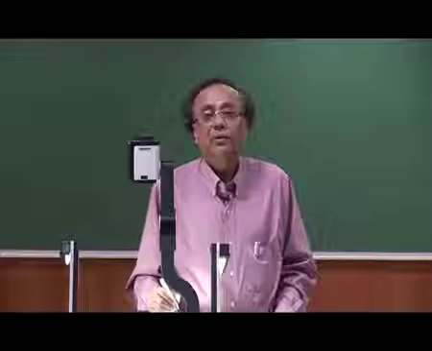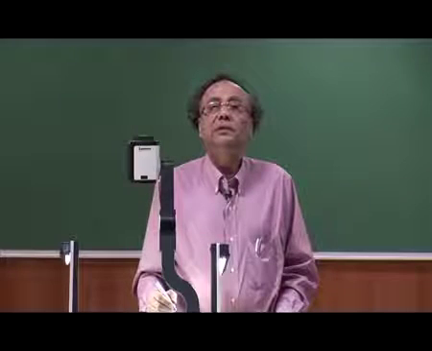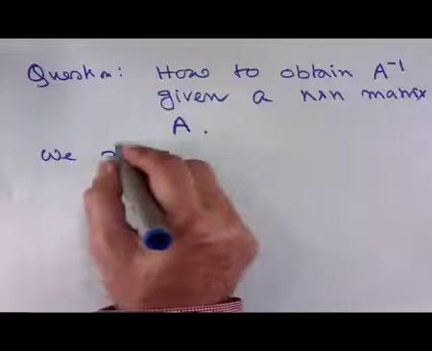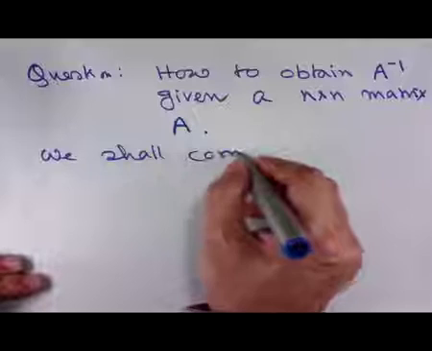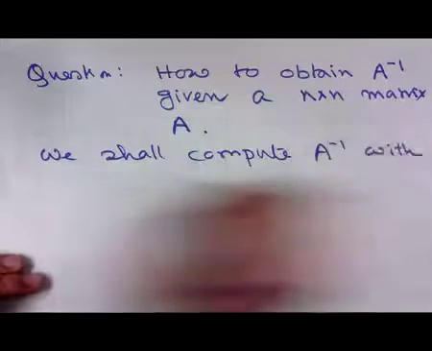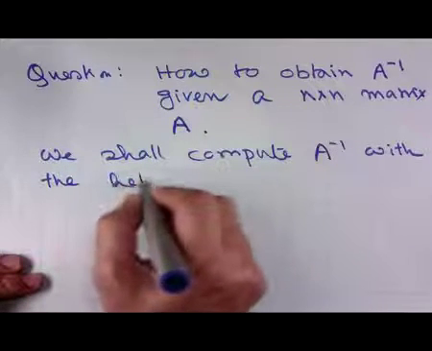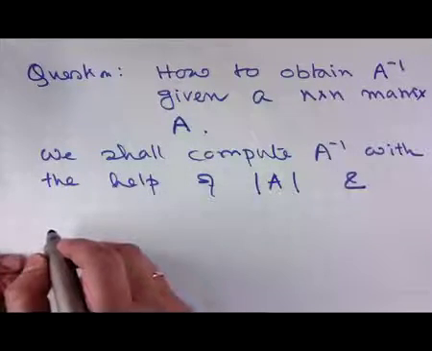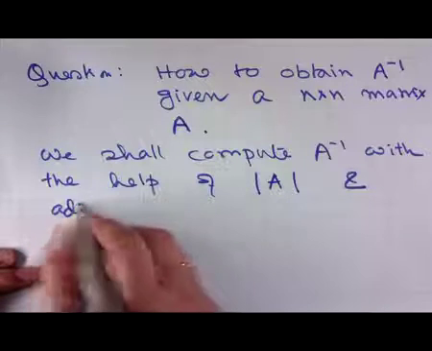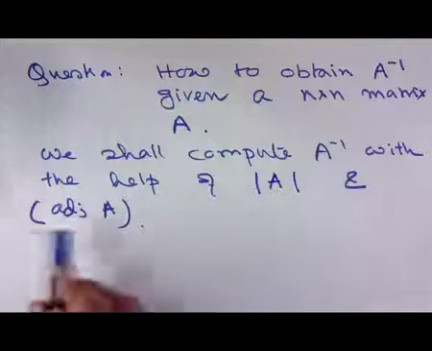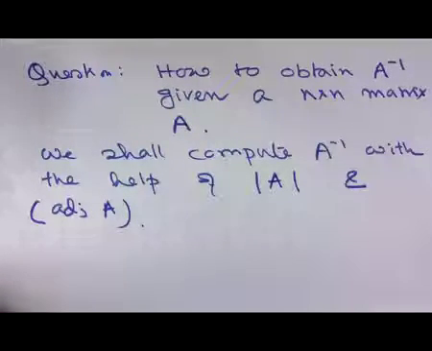In this lecture, we shall look at computing A inverse with the help of determinants. We shall compute A inverse with the help of determinant of A and adjoint of A. All of you are familiar with adjoint of A, because in the last lecture we discussed it in detail.